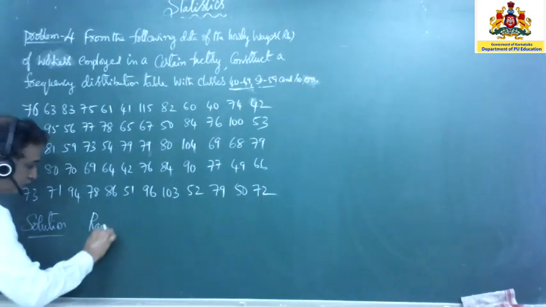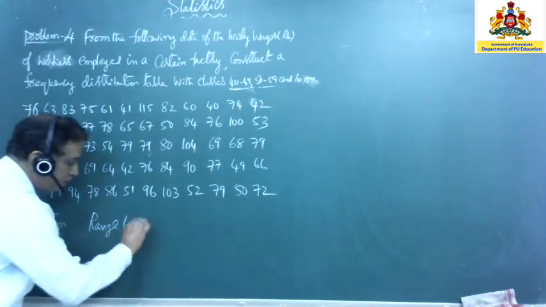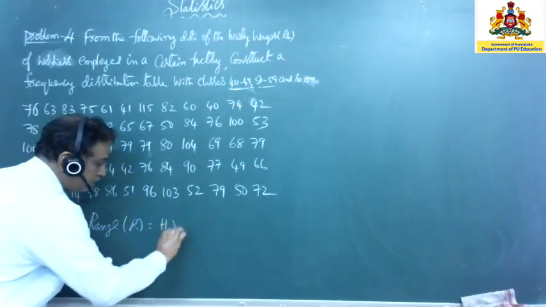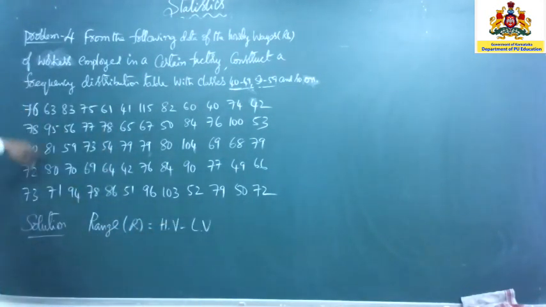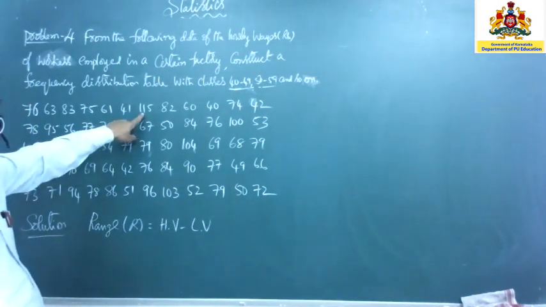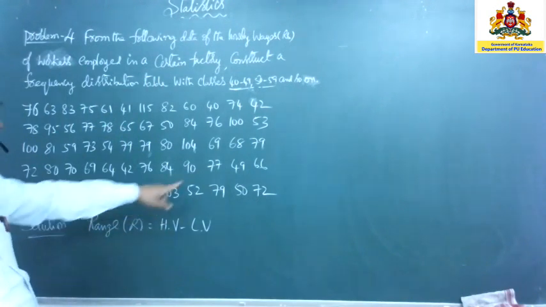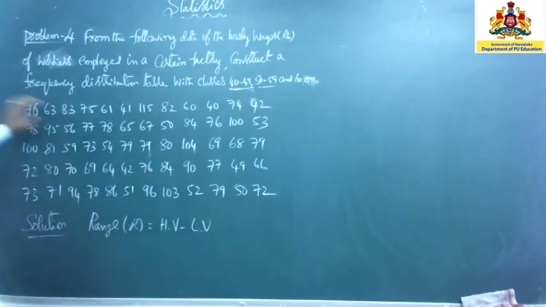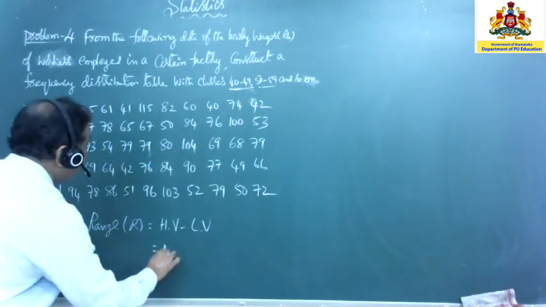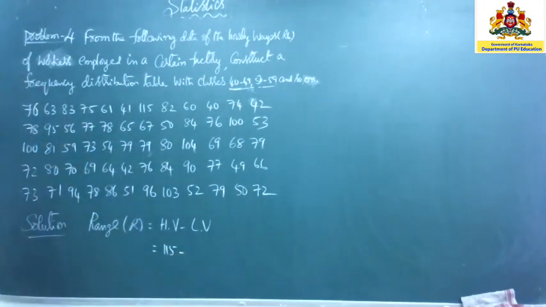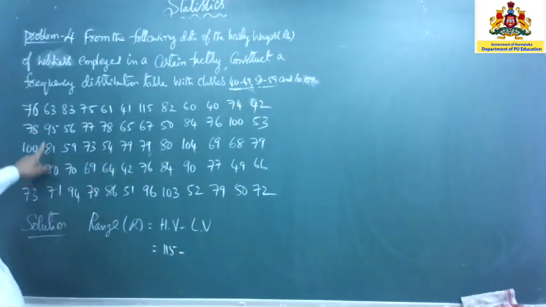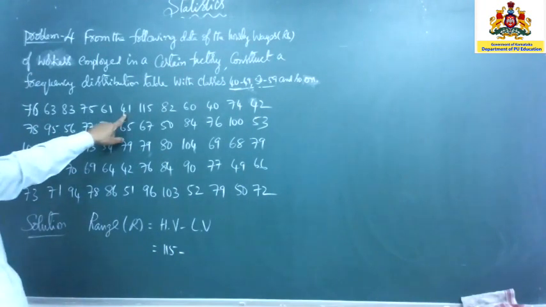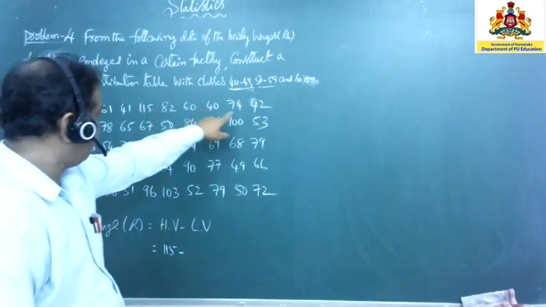Okay, now in the solution, range is the highest value minus the lowest value. Search for the highest value. The highest value is 115. What is the lowest value? 42, 41, 40 is there.